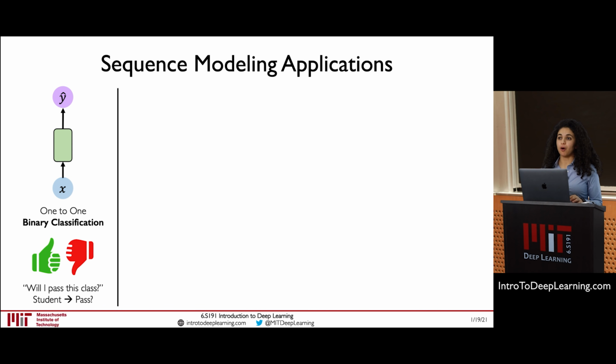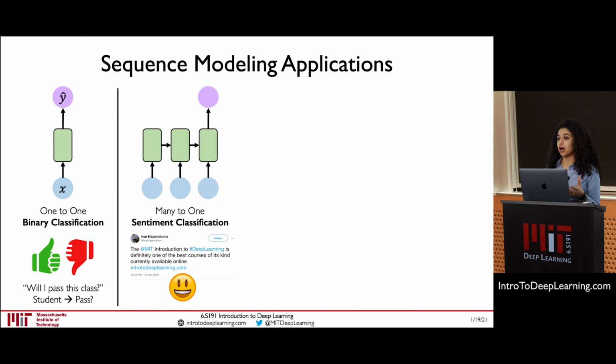When we consider sequence modeling, we now expand the range of possibilities to situations that can involve temporal inputs and also potentially sequential outputs as well. So for example, let's consider the case where we have a language processing problem where there's a sentence as input to our model. And that defines a sequence where the words in the sentence are the individual time steps in that sequence. And at the end, our task is to predict one output, which is going to be the sentiment or feeling associated with that sequence input.